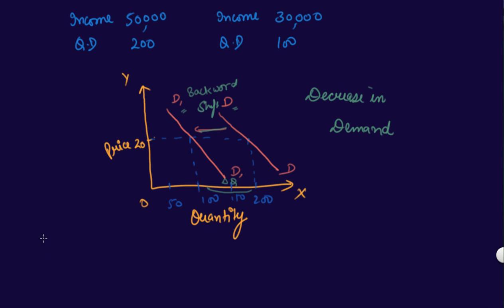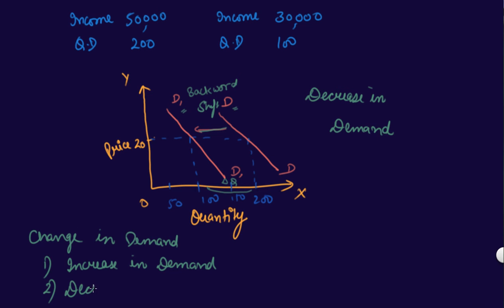The same way the change in quantity demanded had two parts, that is extension and contraction. And change in demand also has two parts. Number one is your increase in demand. Number two is decrease in demand. I hope you have understood this completely.